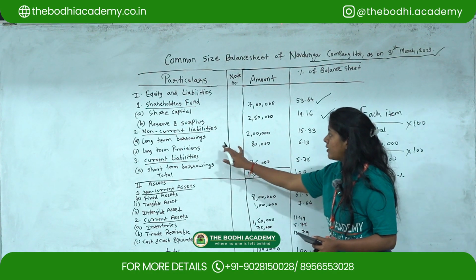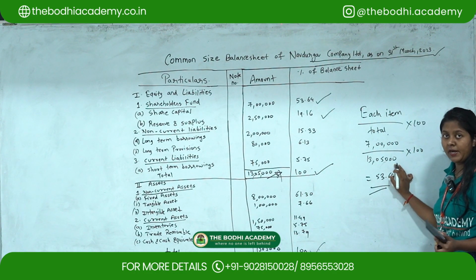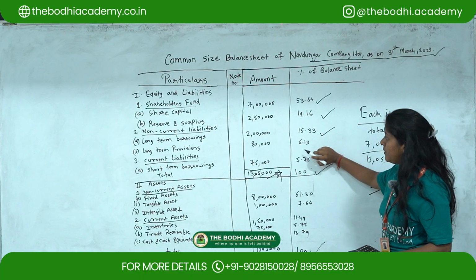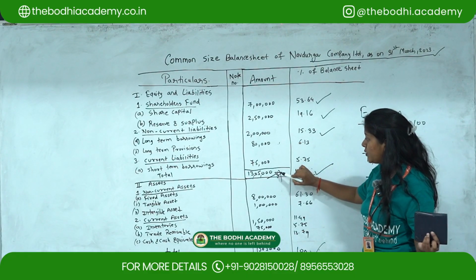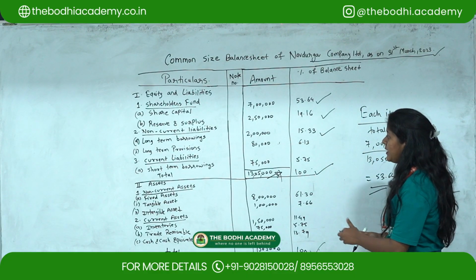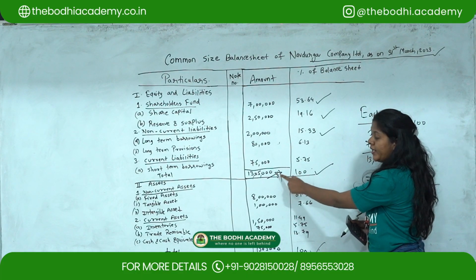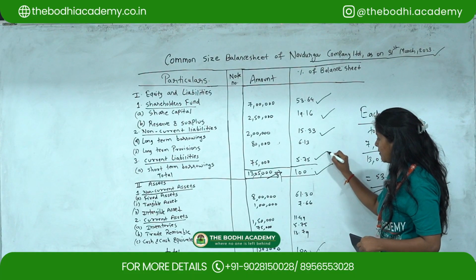Then if you see long term borrowings, it is 2 lakh divided by 13 lakh 5,000 multiplied by 100, you will get 15.33. Then similarly we did for 80,000, long term provision, 80,000 divided by the total multiplied by 100. Then for short term borrowing, 75,000 divided by 13 lakh 5,000 multiplied by 100, you will get 5.75 here.